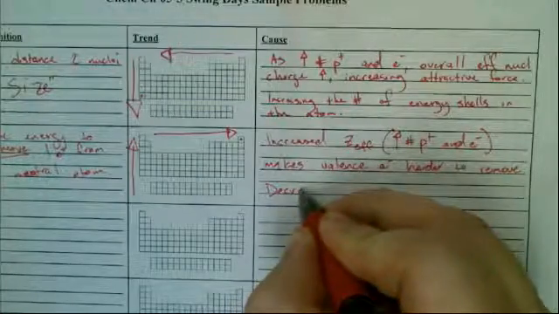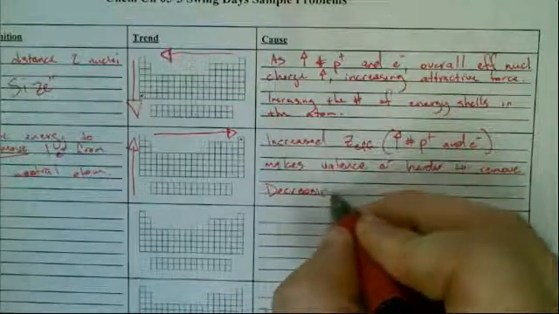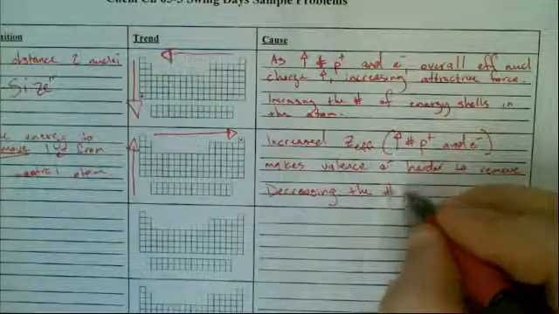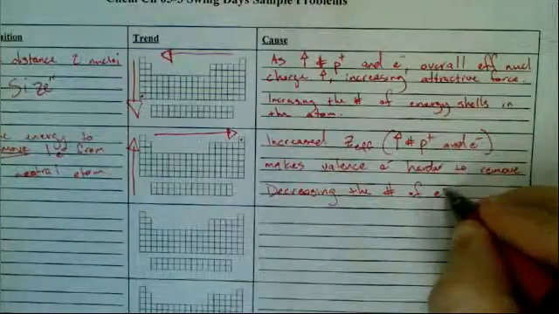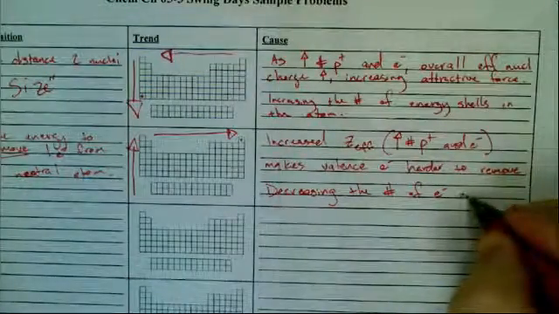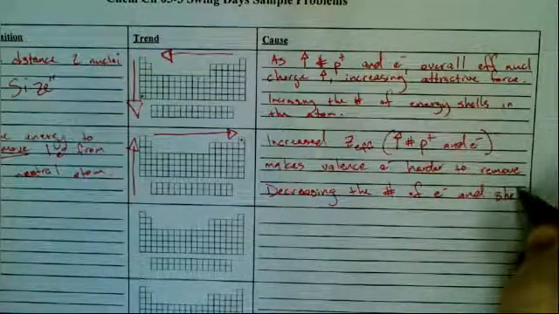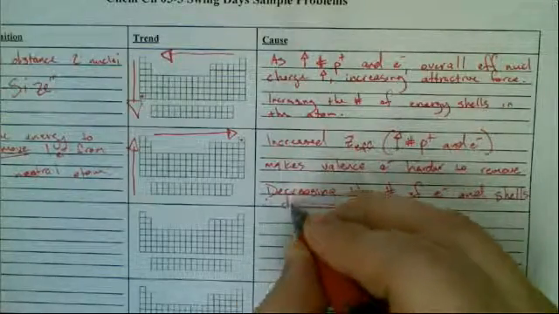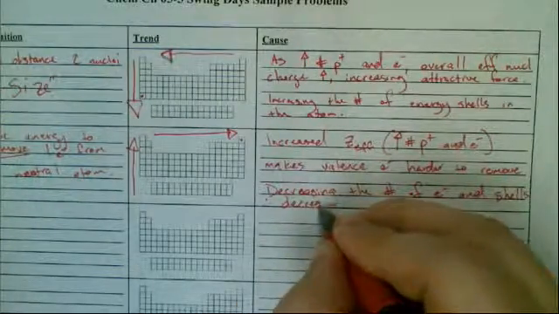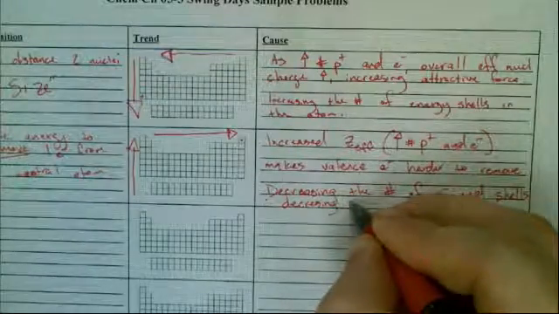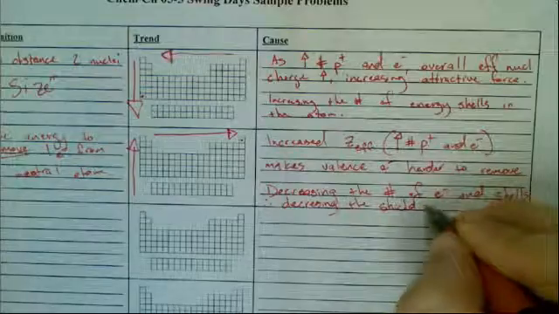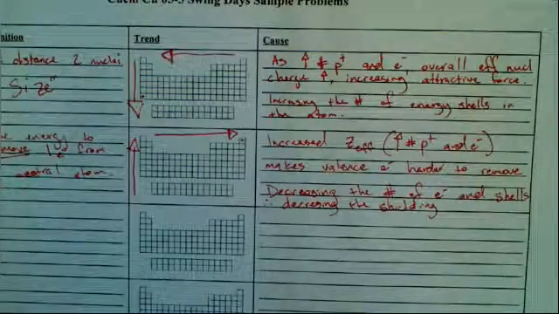decreasing, my handwriting is on point today, decreasing the number of electrons and shells, therefore decreasing the amount of shielding going on in that atom.